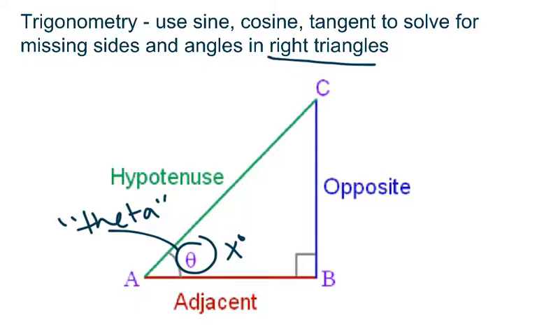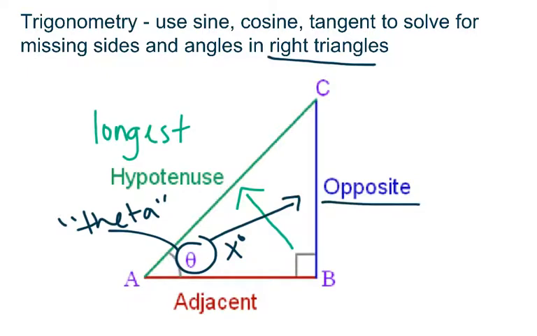Which angle in the triangle you're talking about determines which side is the opposite, the adjacent, and the hypotenuse. The hypotenuse is always the longest side, and it's always across from the right angle. The other two are determined by where the angle is that you're referring to. If you look at angle theta, that's angle A, the side directly across from that is the opposite side.